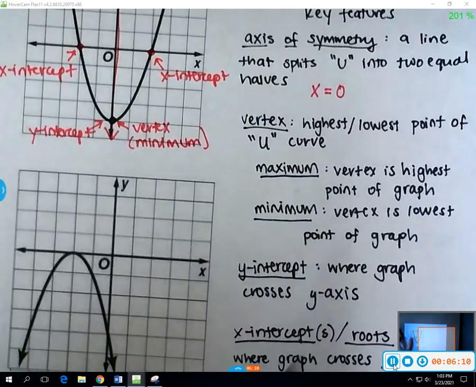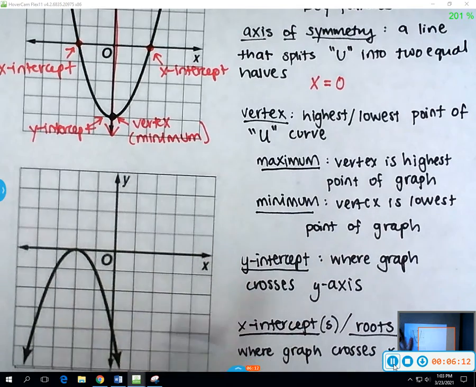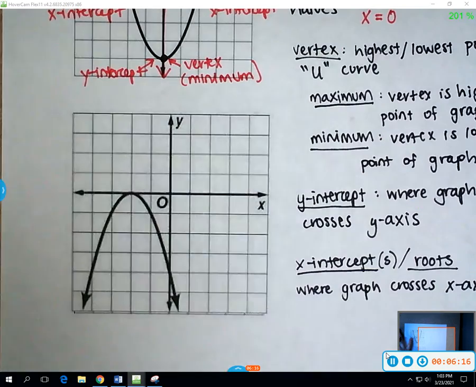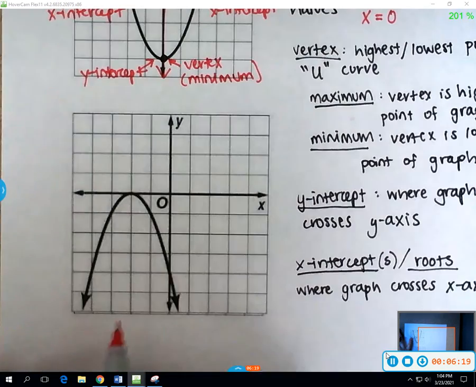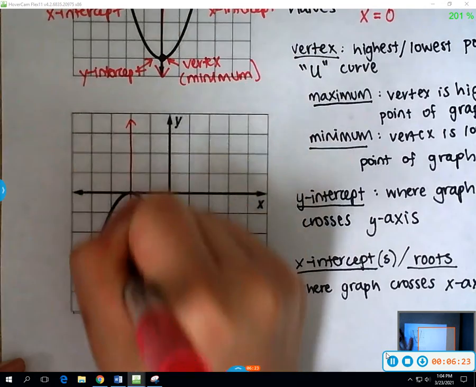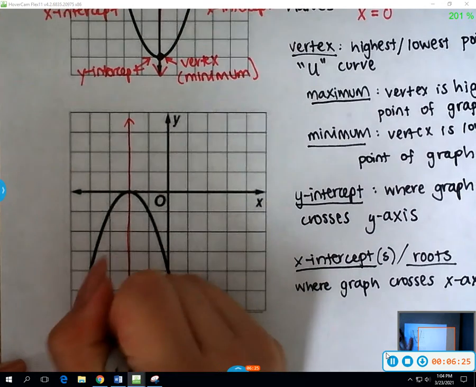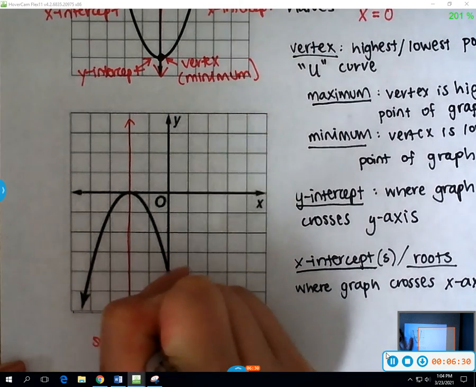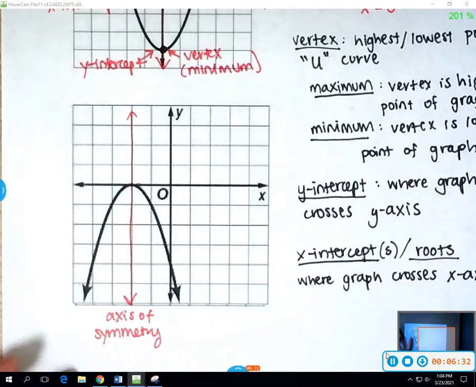Now, these key features can all be identified with this second graph right here. So I'm going to show you where they are in this graph. So let's start with the axis of symmetry. Axis of symmetry is going to split the parabola right in half. So this is going to be our axis of symmetry right here. Next, we have our vertex.